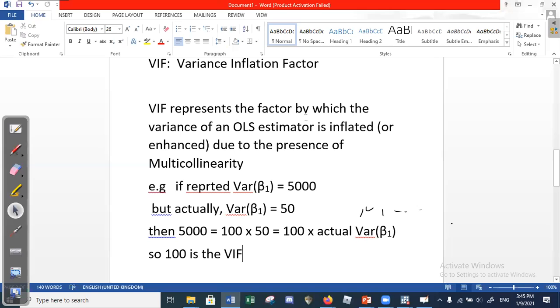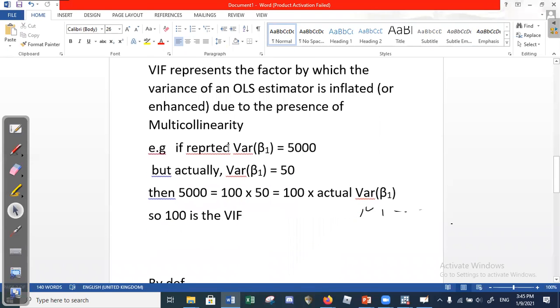VIF represents the factor by which the variance of an OLS estimator is inflated or enhanced due to the presence of multicollinearity. In the presence of multicollinearity, how much the variance of an OLS estimator increases, the number of times that factor by which it is increased is called the VIF.